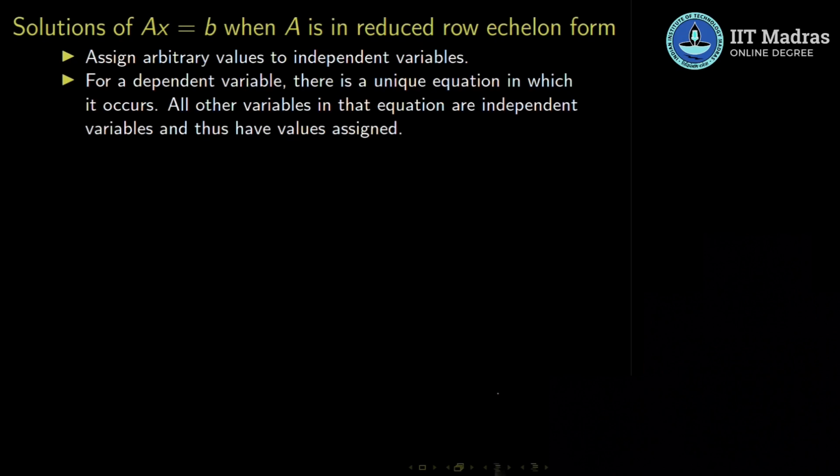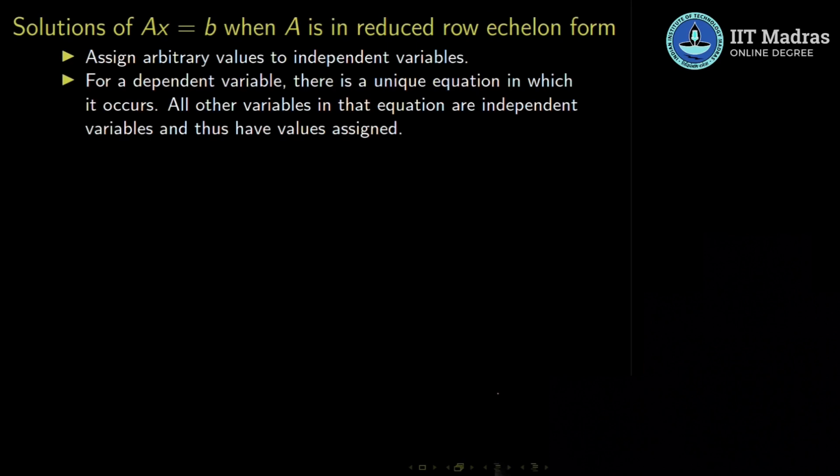All other variables in that equation are independent variables. That is the power of the reduced row echelon form, because in a column with a leading 1, all the other entries are 0. So, no dependent variables can occur together. In a single equation you will have only one dependent variable, if at all.